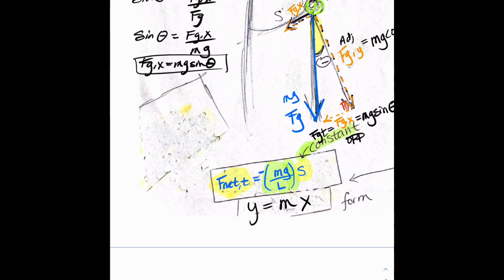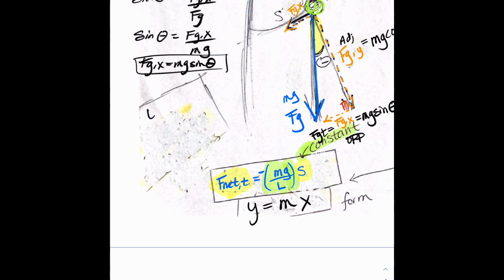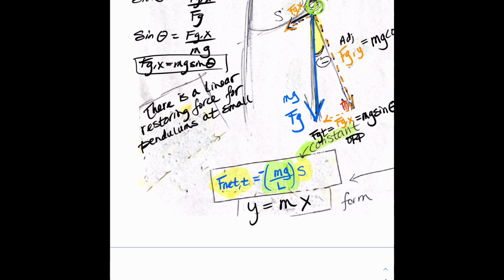So let's go ahead and summarize here. There is a linear restoring force for pendulums at small angles from equilibrium.